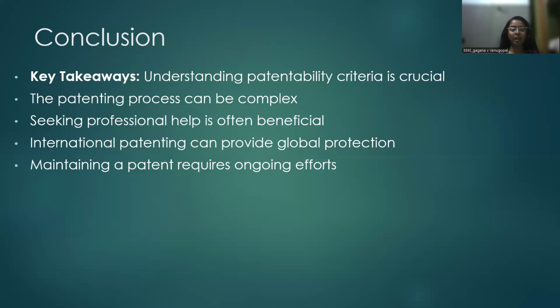International patenting can provide global protection, as I told you earlier, and maintaining a patent requires ongoing effort. It is not like once I file a patent, it is over. No, there is a need to maintain it so that it cannot be copied by anyone else.